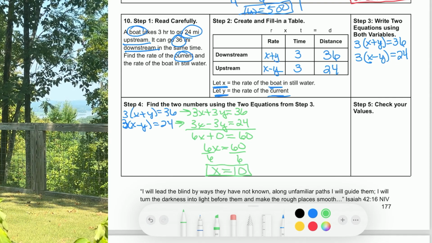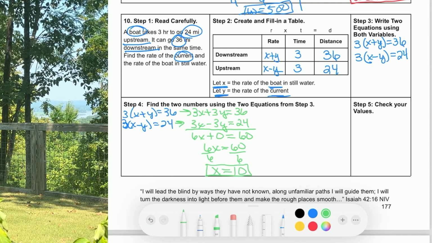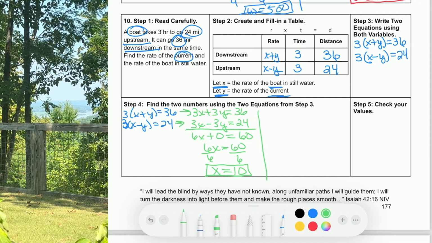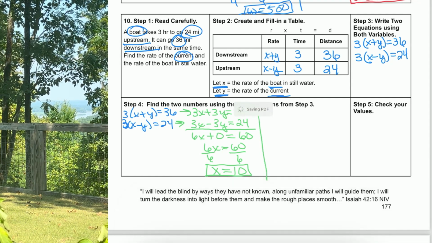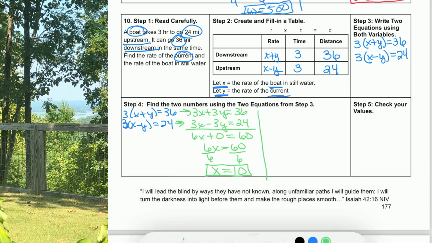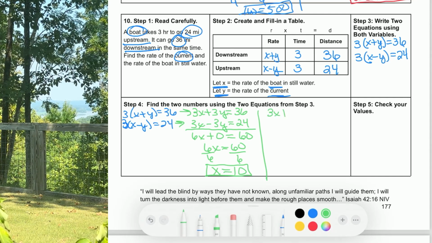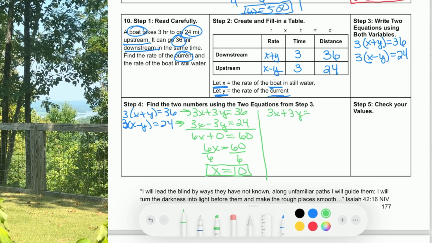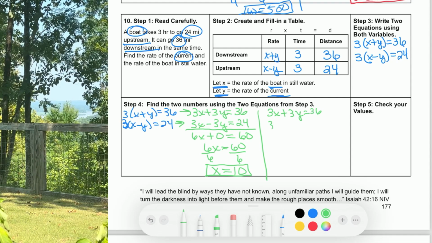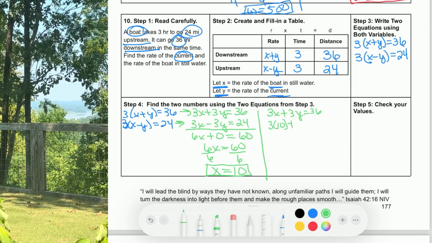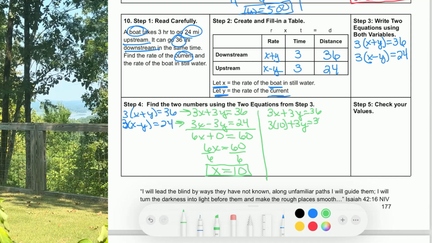So the rate of my boat is 10, but I still need to find the rate of the stream, the current. So let's use the top one, the 3x plus 3y equals 36. So 3 times 10 plus 3y equals 36.